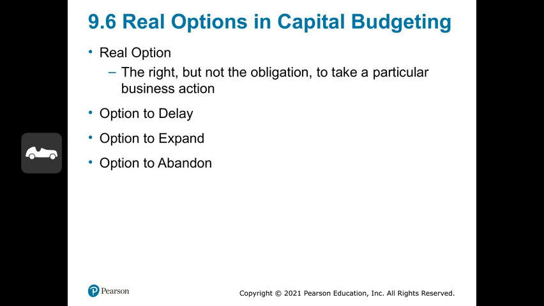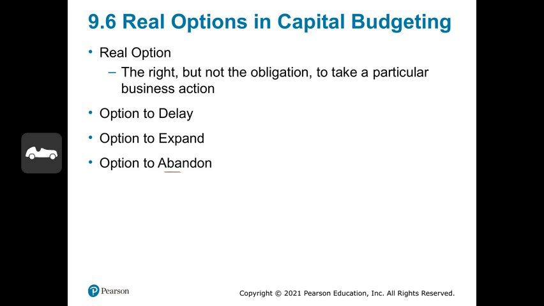If you have the option to expand, you can start with a limited production and then expand only if it turns out to be profitable or successful. And then you also have the option to abandon, right? You cease investing in a project.